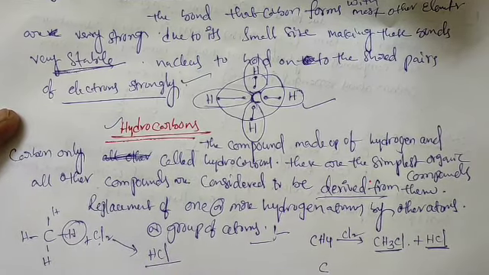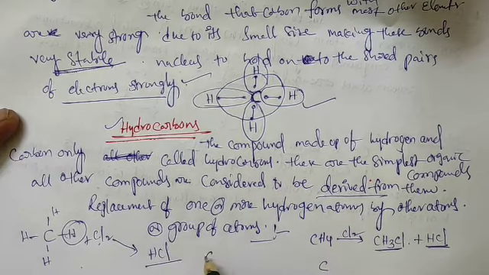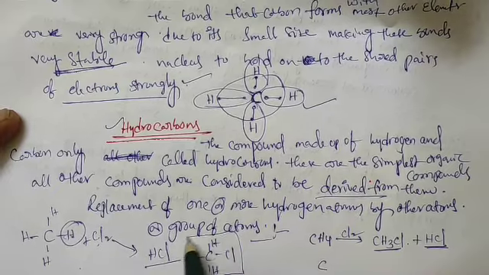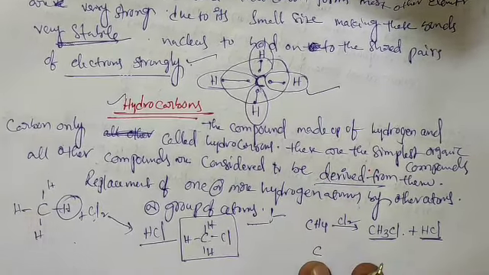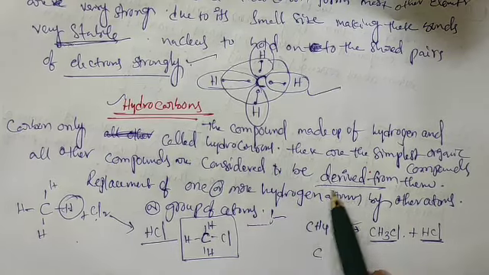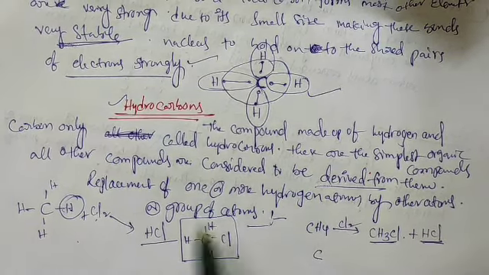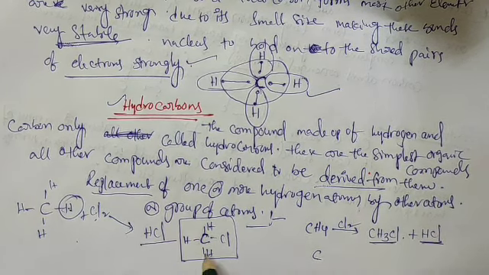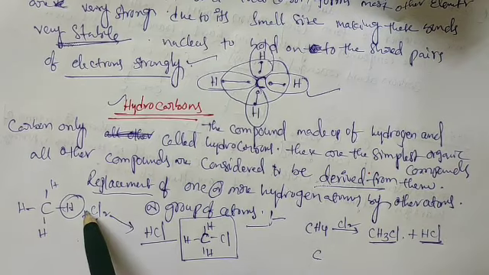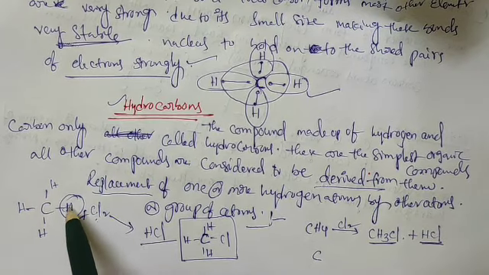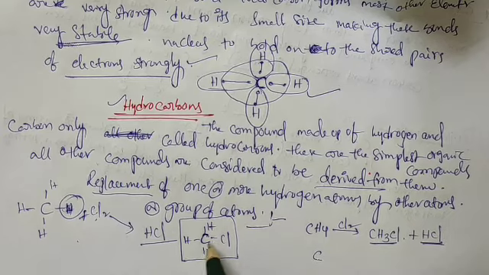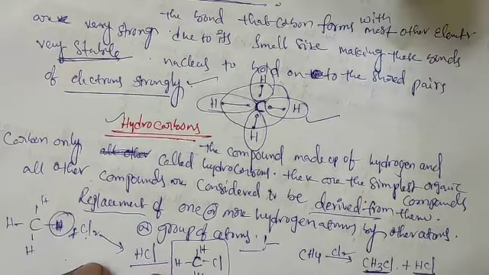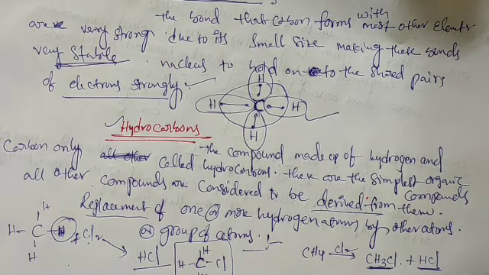This chlorine is attached here, so the structure is CH3, with Cl on this side. So this is the hydrocarbon derivative, replacement of one or more hydrogen atoms by another atom. Because of the chlorine atom, one hydrogen is replaced, and CH3Cl forms. So this is their derivatives.